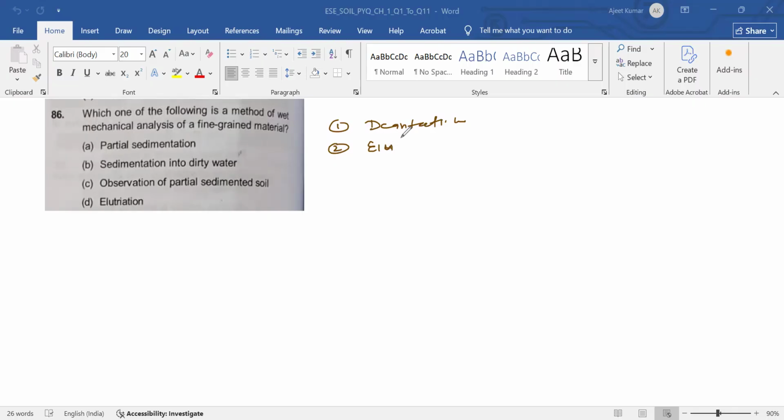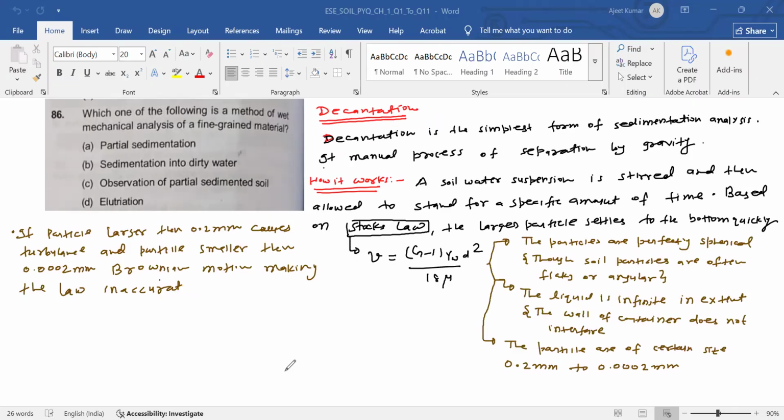Actually, in decantation, I only came to the Stokes law. So let me explain decantation first. Okay, I'm sorry for that. In decantation I only told about the Stokes law, I didn't explain the action.